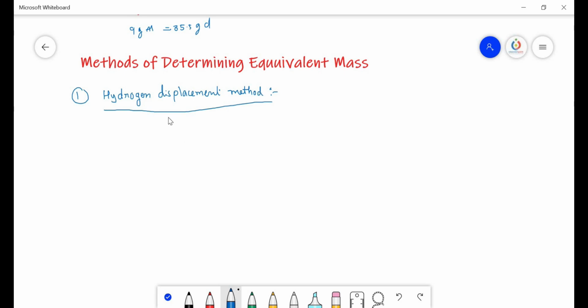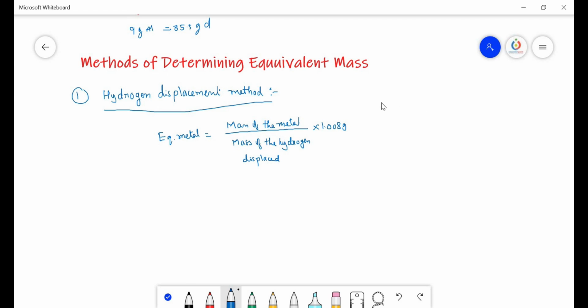So here, in the hydrogen displacement method, the equivalent mass of the metal is equal to the mass of the metal divided by the mass of the hydrogen displaced, into 1.008 grams.